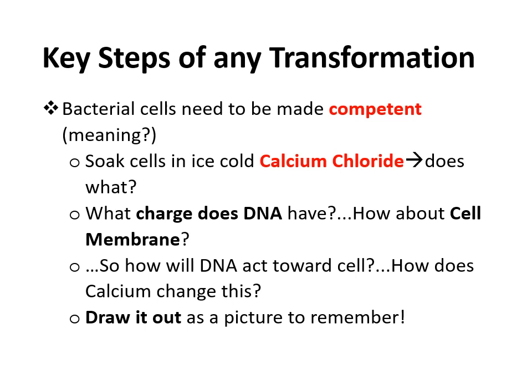So having negative DNA and a negative bacterial cell, the bacterial cell is not going to want to take in that negative DNA. The DNA will want to be as far away from that bacterial cell as possible, not go toward it and enter it. So that's why calcium chloride or other competency steps are so important.